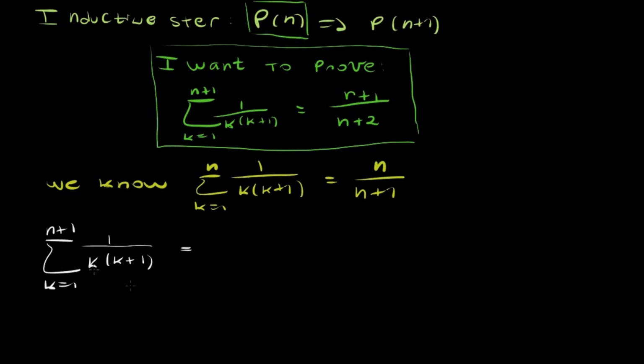Well, I have a sum, so I can divide it into two sums. This is a very common trick when we have to prove something for a sum or for a product. So this is the sum from k equals 1 to n of the same, 1 over k times k plus 1, plus the last element, and the last element is when k equals n plus 1. So this is plus 1 over n plus 1 times n plus 1 plus 1, which is n plus 2.